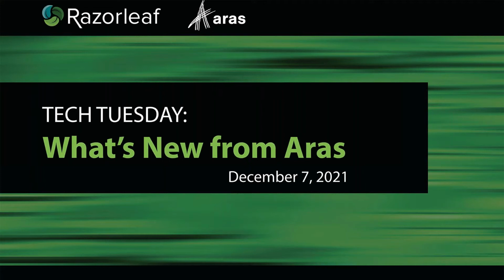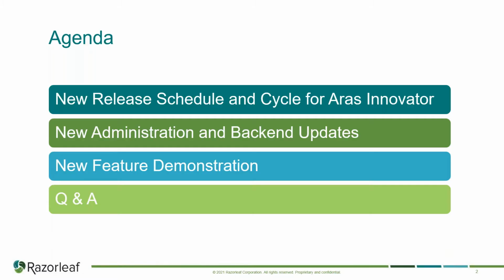So today, being our launch of this, we are going to talk about the new release schedule, the new cycle for Aras Innovator. We'll take a look at some of the new administration and back-end updates that are coming with Aras 14, and then Milan will demo some of the new things.